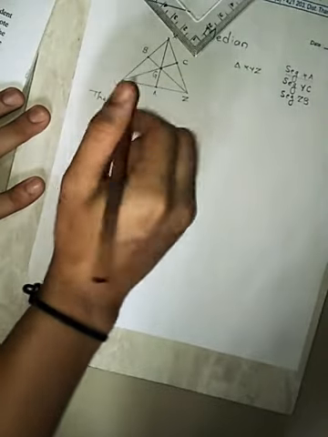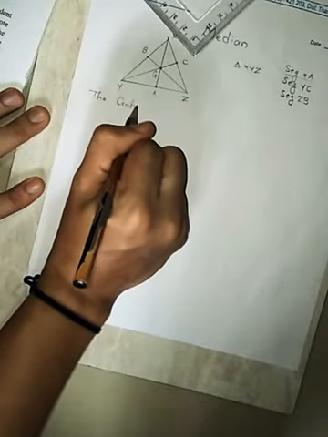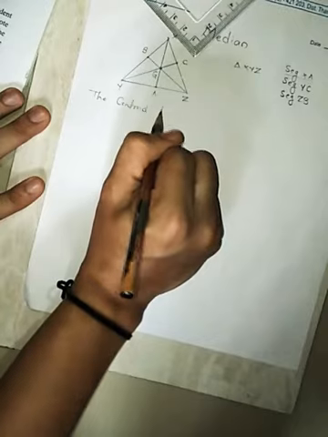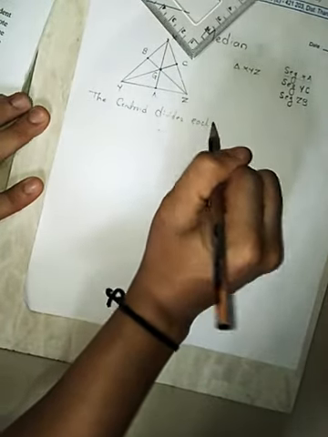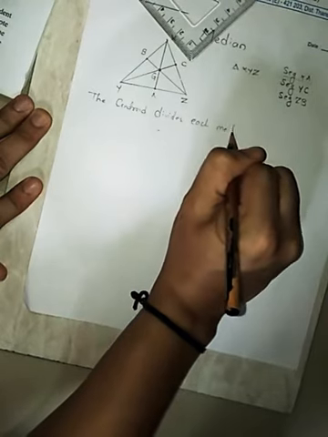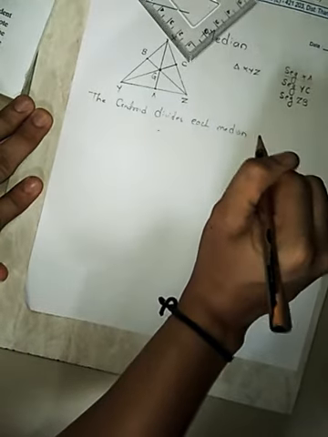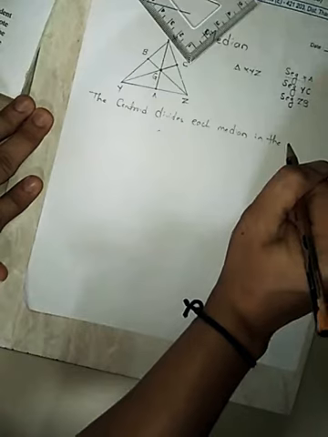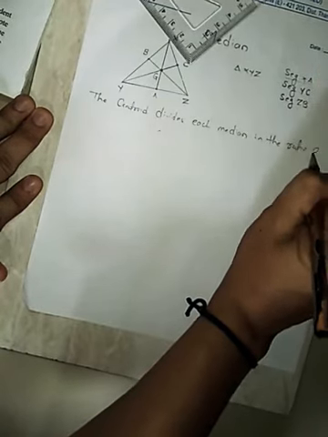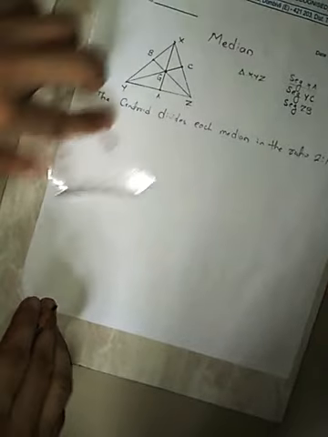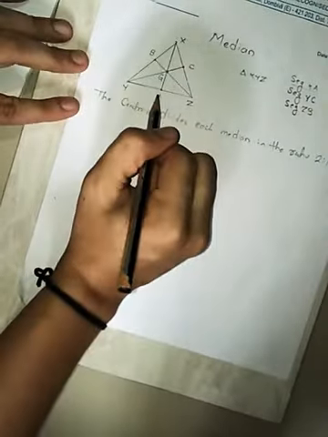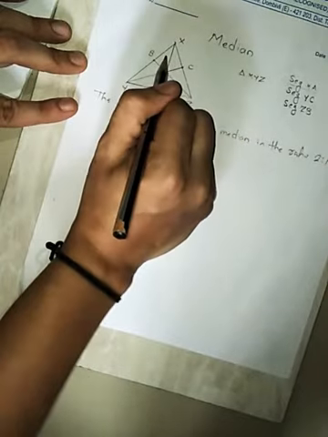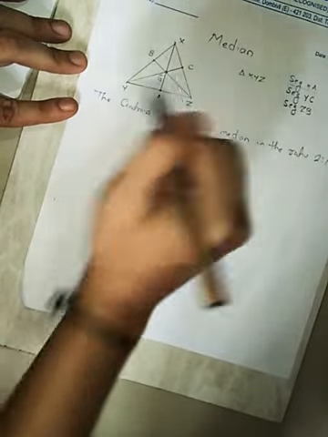The centroid divides each median in the ratio 2:1. Let's talk about the first median, which is XA. How will it divide? It will divide in 2:1 parts.